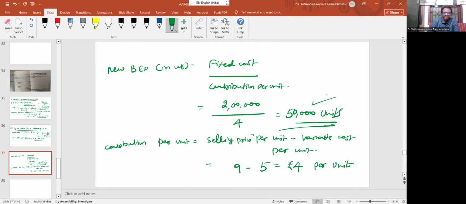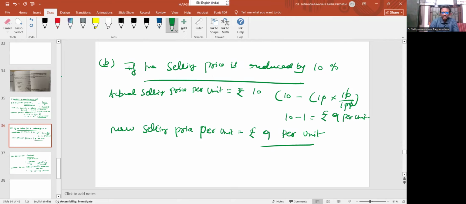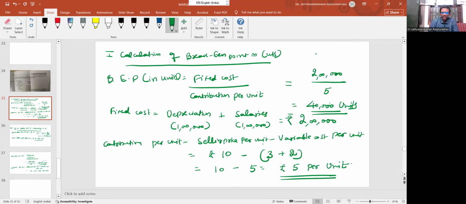Old break-even point in units is 40,000 units. So if you reduce the selling price, you can sell 50,000 units at break-even. If you sell more units, you can get more profits also.